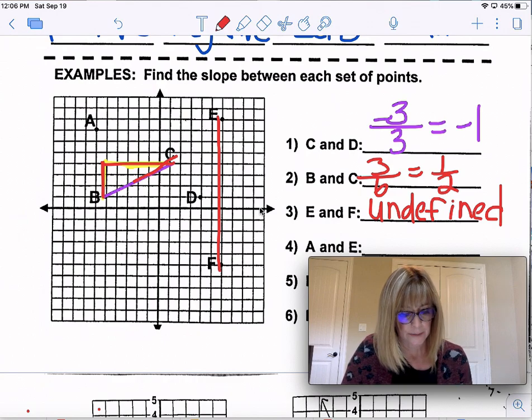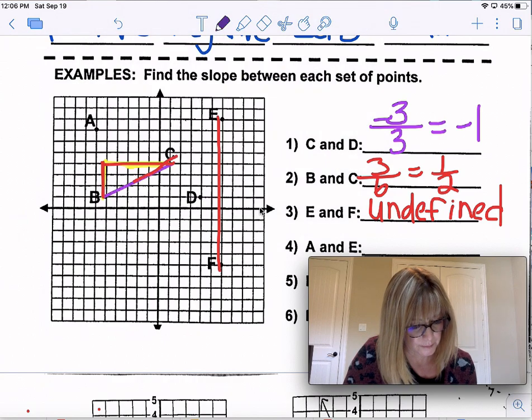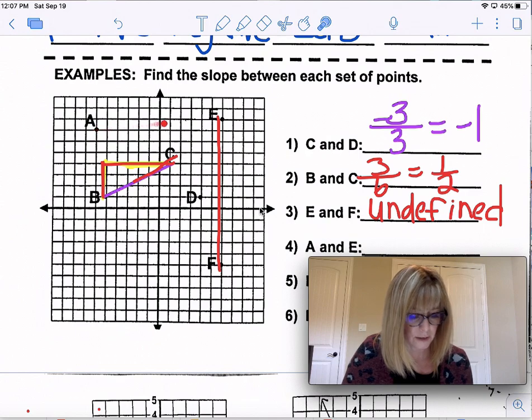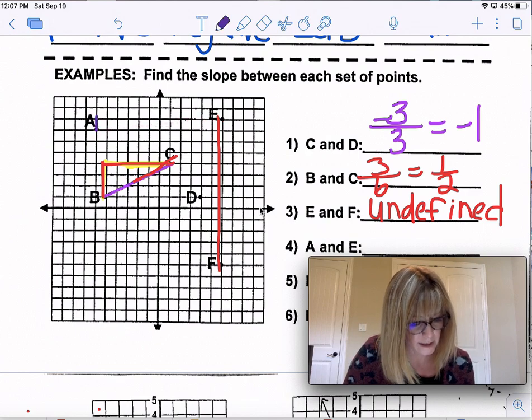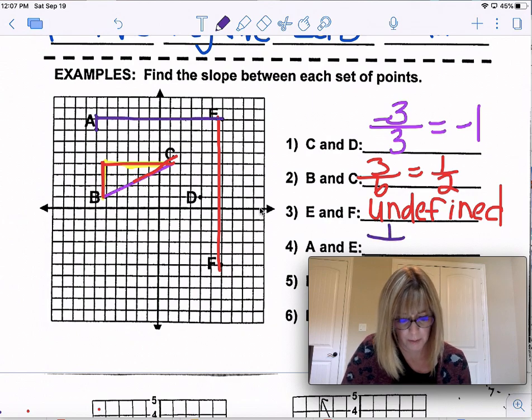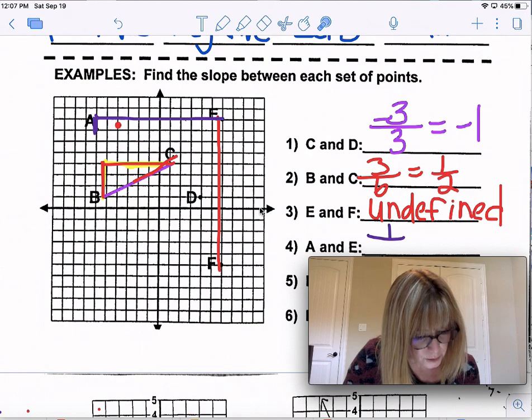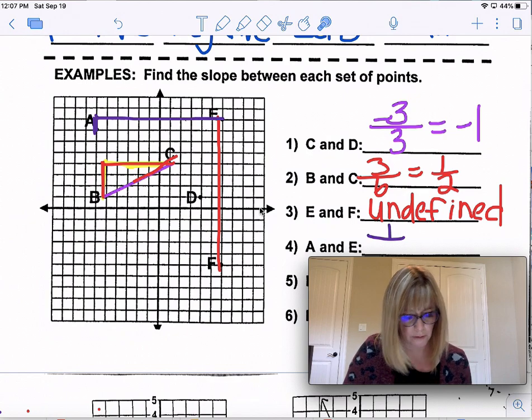Okay, A to E. I'm going to use purple this time. Again, I'm going to start at the point furthest to the left, and I'm going uphill, so this would be a positive slope. The vertical change, the rise, would just be 1. The top number is 1 on the ratio because that's your vertical change. And the horizontal change would be 1, 2, 3, 4, 5, 6, 7, 8, 9, 10, 11, 12.